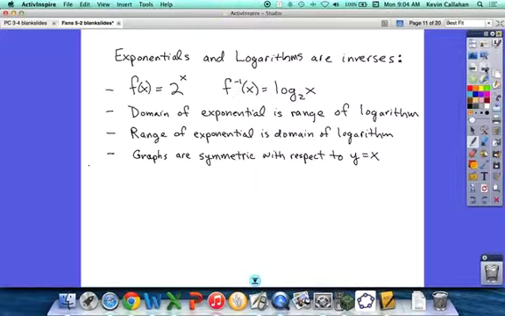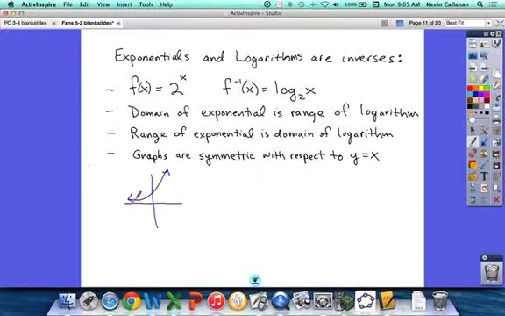Remember, by switching the x's and the y's, it's like switching the domains and the ranges. So the domain of this exponential function, which we know is all real numbers, is the range of the inverse. So the range of a logarithm is all real numbers. If you remember, the range of an exponential function is the domain of a logarithm. The exponential function looked like this.